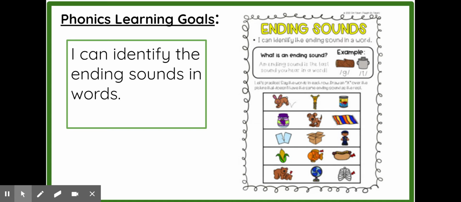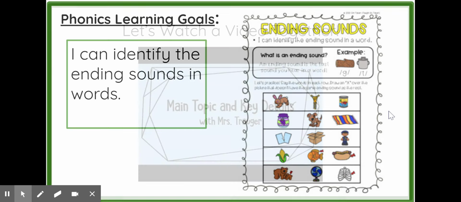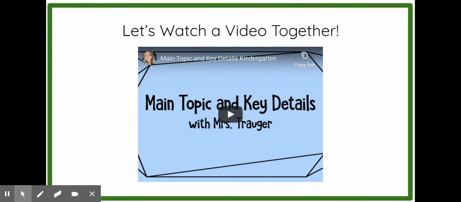Which of these words does not have the same ending sound as the others? If you said jam, you are correct. Dog and rug both end with the g sound. Let's move on. Time to watch a video together.